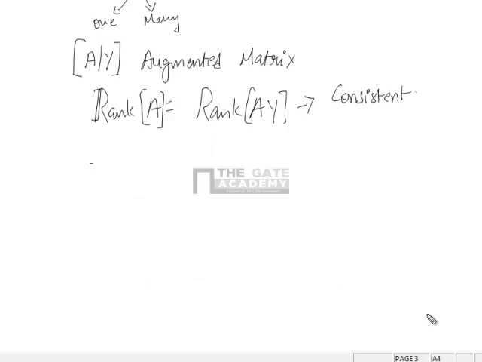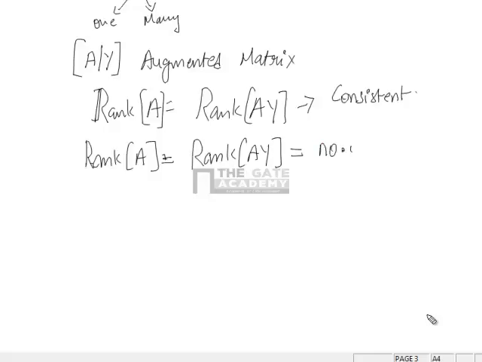Then if rank of A is equal to rank of [A|Y], and it is equal to the number of unknowns in the system, then only one solution will exist.